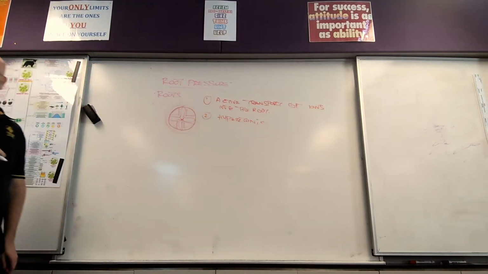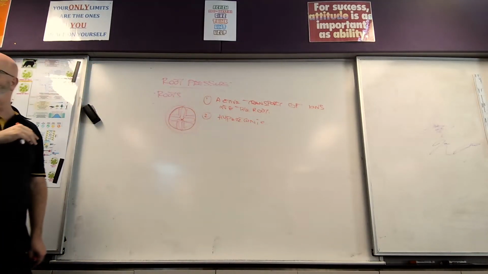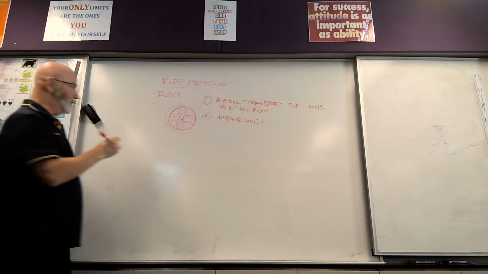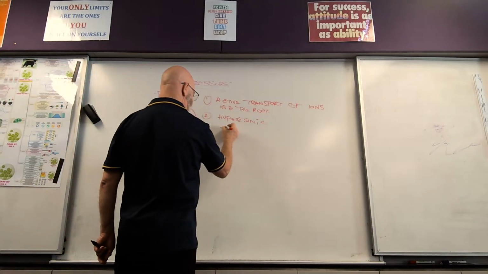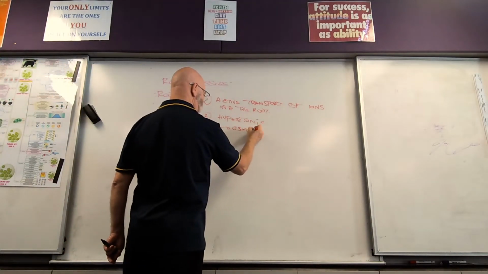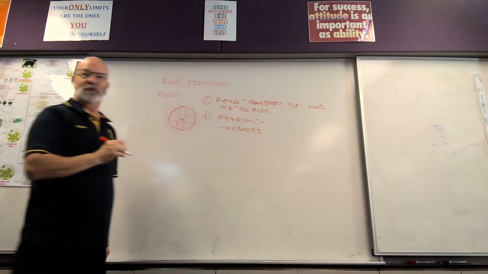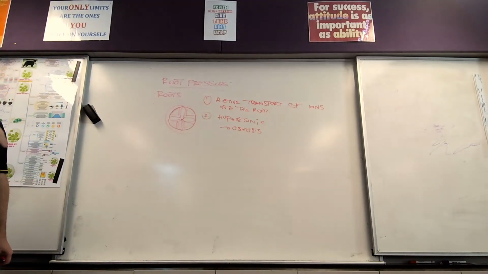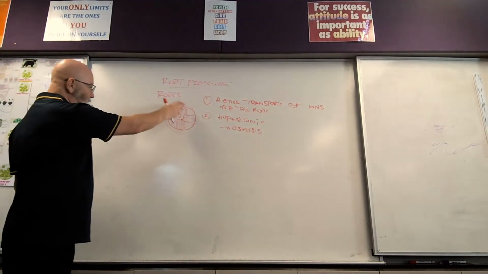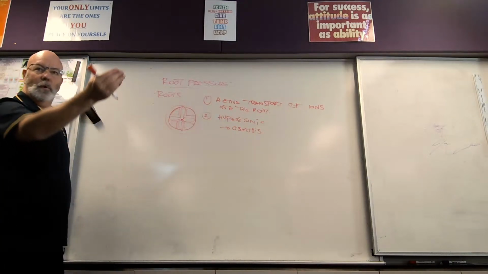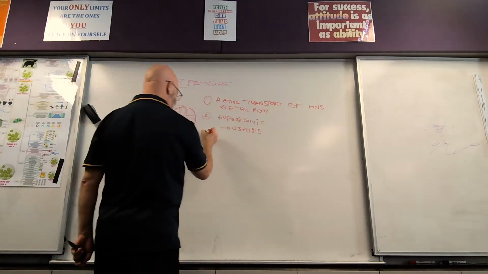Being hypertonic, it attracts water through the process of osmosis. Now we know in osmosis water moves from hypo to hyper, and because inside the root is now hypertonic, we know that water is going to enter the root.